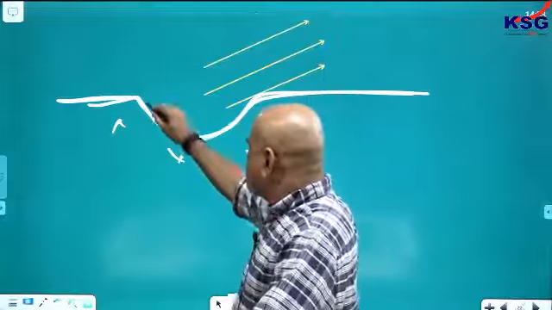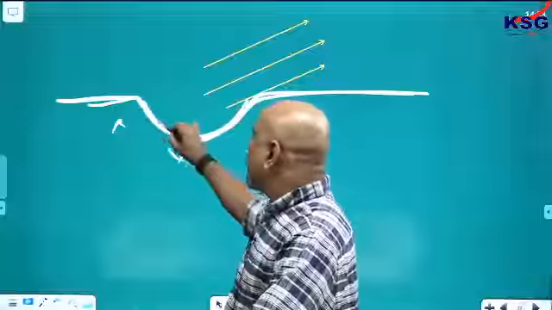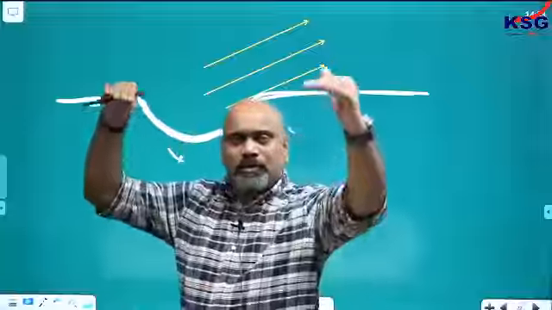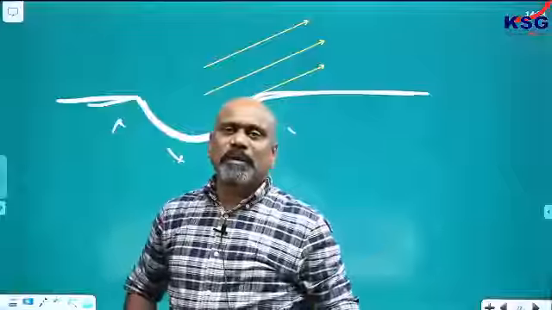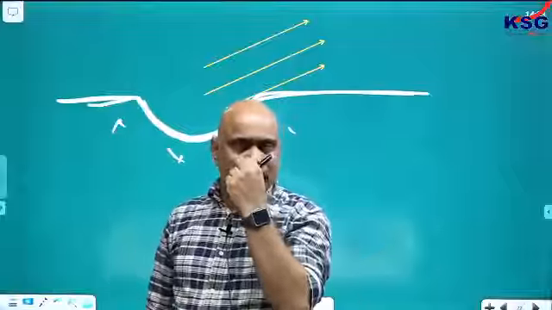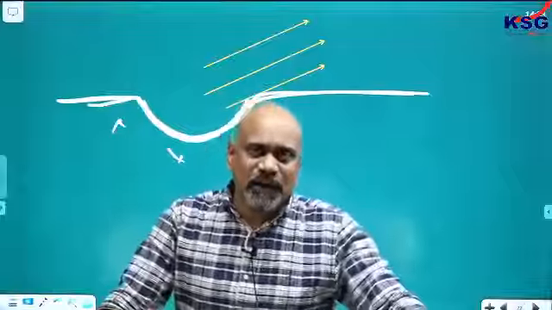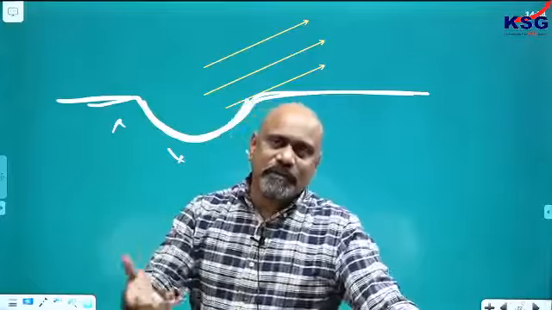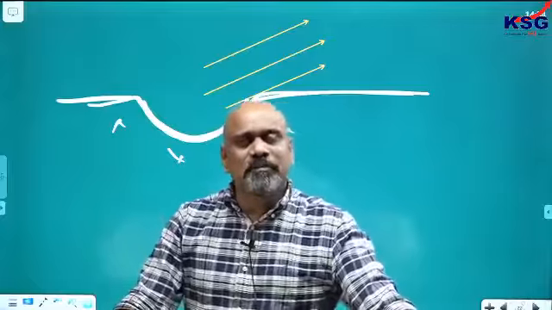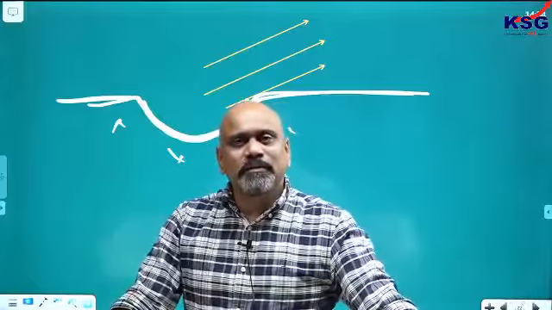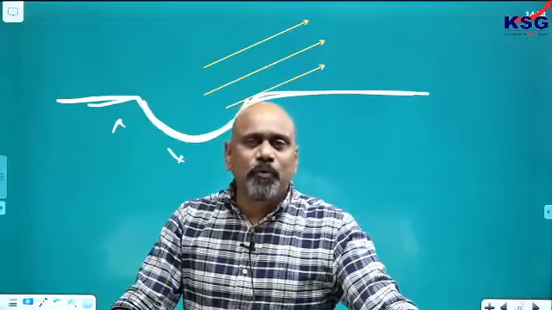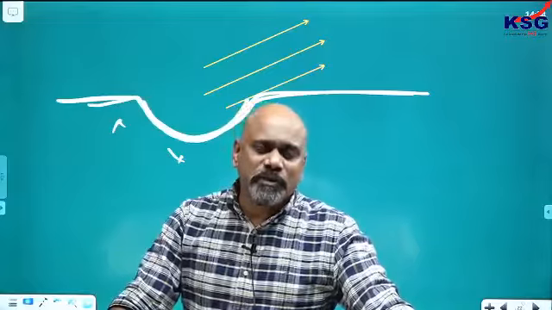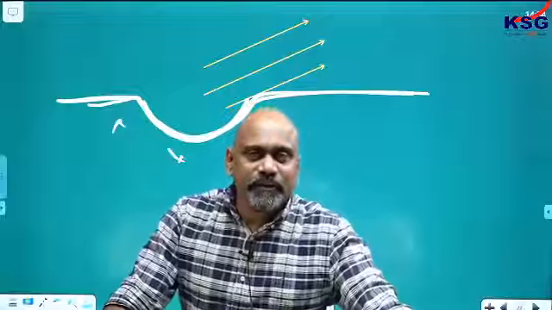So below it there will be a depression. Sometimes the groundwater table may come here, so it is like an oasis formation. If it reaches the groundwater table, it is an oasis. But many times, because evaporation is more here, you mostly get saline waters in the desert region.